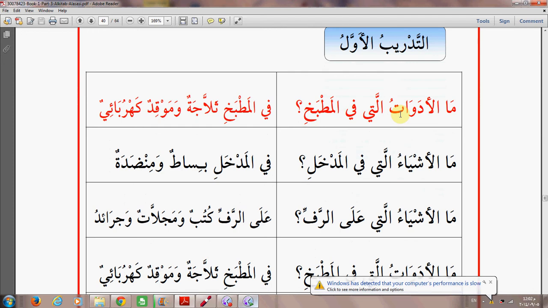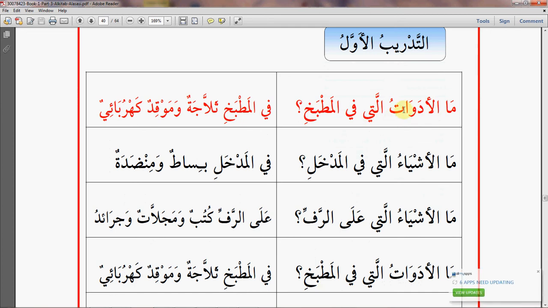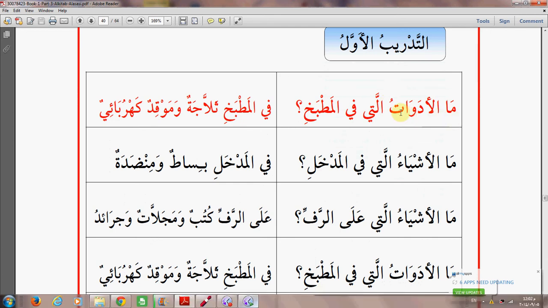Even if they are masculine in singular, the plural is always treated grammatically like a singular feminine. ما الأدوات؟ الأدوات is the plural of أداة, which is tool. What are the tools which are in the kitchen?